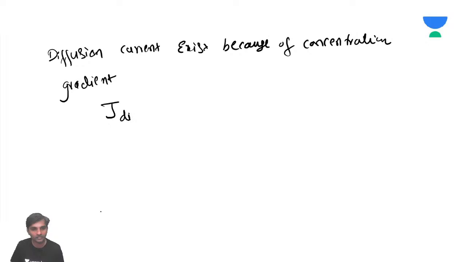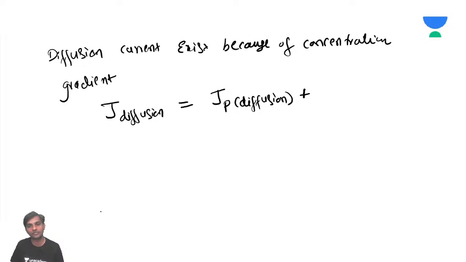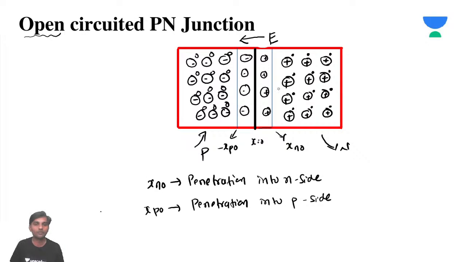J diffusion is because of JP diffusion. What do you mean by JP diffusion? JP diffusion is nothing but the positive charges, that means holes. When holes are moving from this region to this region, this J diffusion will be in this direction.